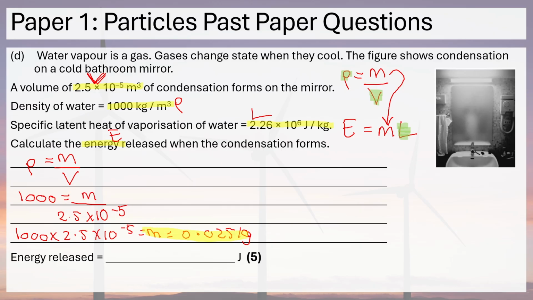So I now know mass and latent heat, and I'm trying to find energy, which means that my second equation is going to do the job for me. So let's put my second equation, energy equals mass times specific latent heat. I don't know energy, I've got to calculate it.